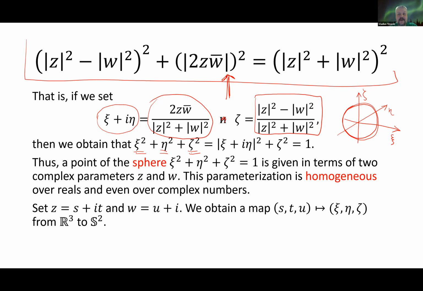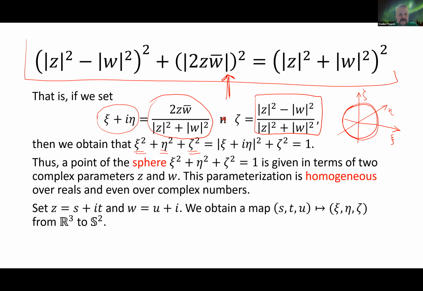Of course, some parameters are excessive, and it's easy to see that the formulas look so that we can multiply z and w simultaneously by the same non-zero complex number and get the same point of the sphere. This is how to get rid of two parameters. We have a freedom of multiplying z and w by the same complex number, and one complex number means two real numbers.